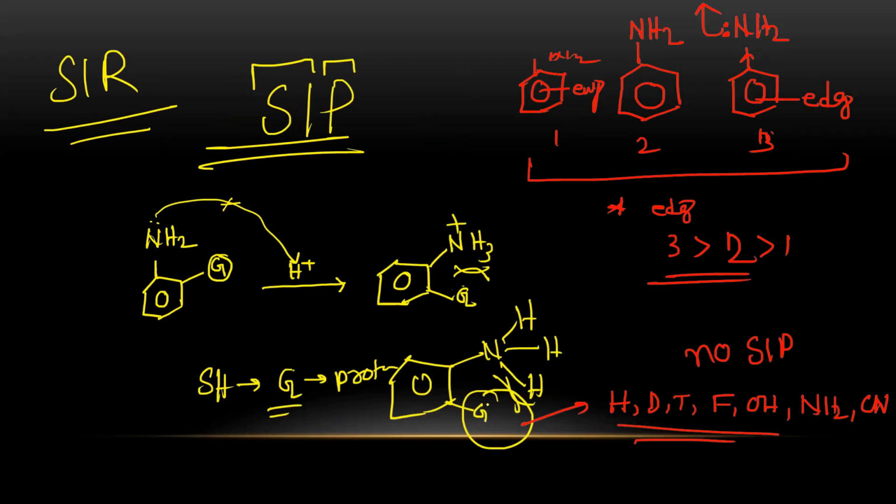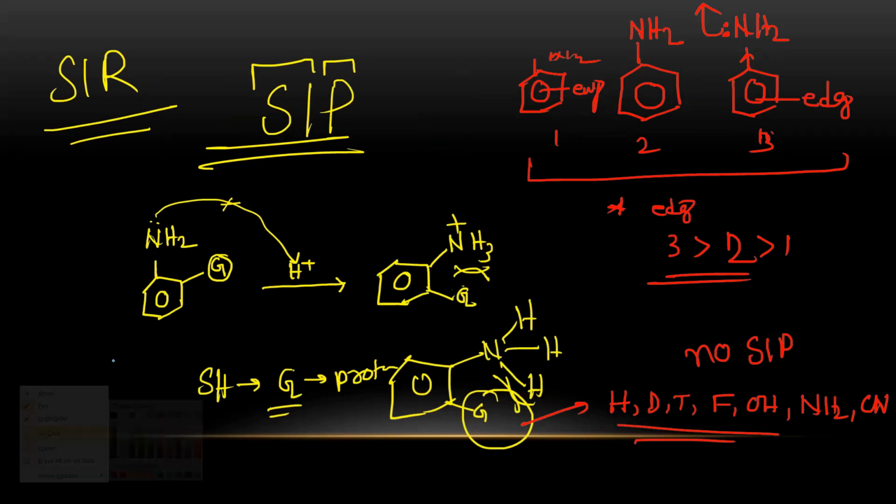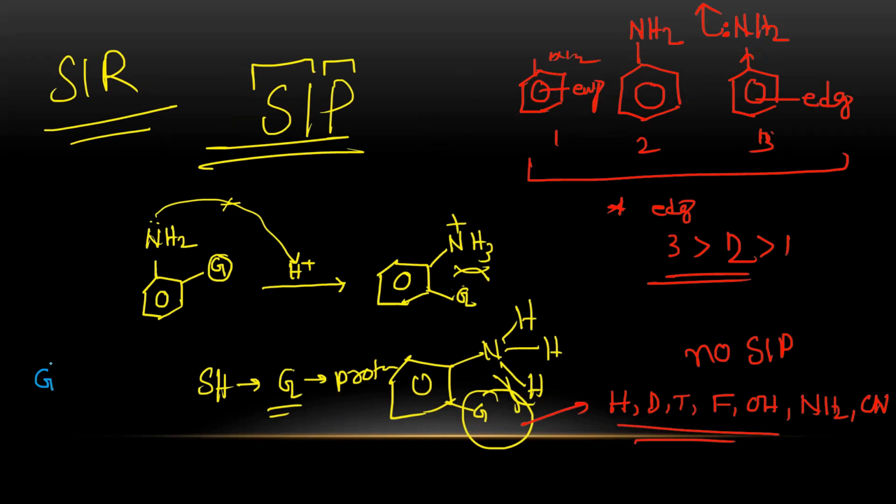If there is more steric inhibition of protonation, let me write. Let's see, if G group is more bulky, G group has bulkiness more, then steric inhibition will be more. That means steric inhibition of protonation will be more. Then this molecule will not like to abstract proton. Then the basicity of this molecule will be lower.